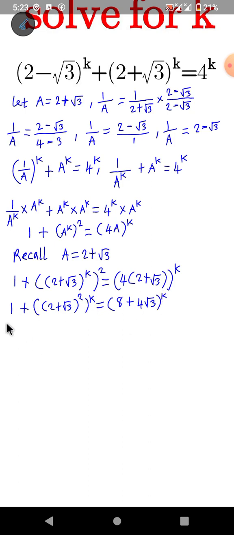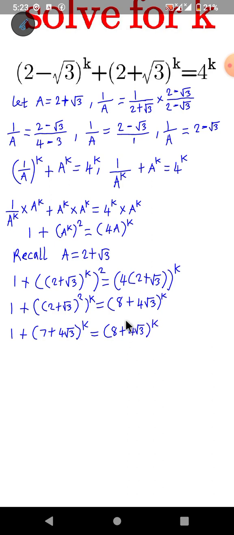Then again we continue. 1 plus, now I'm going to expand this. On expansion of 2 plus root 3 squared, I got 7 plus 4 root 3, close my bracket, all raised to the power of k. Then all equal to 8 plus 4 root 3 all raised to the power of k.